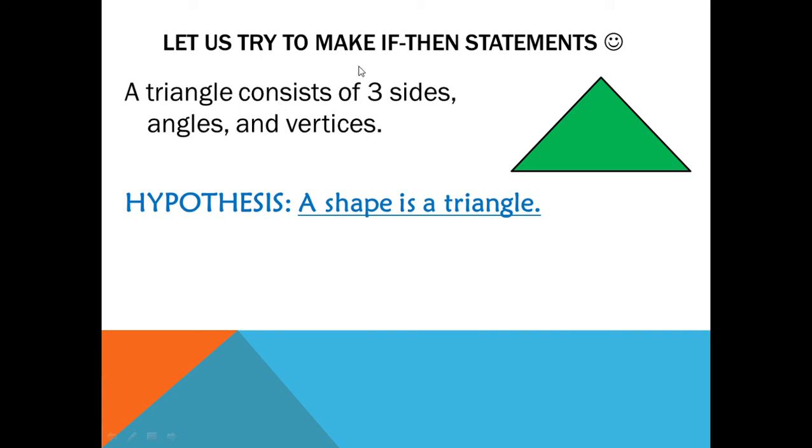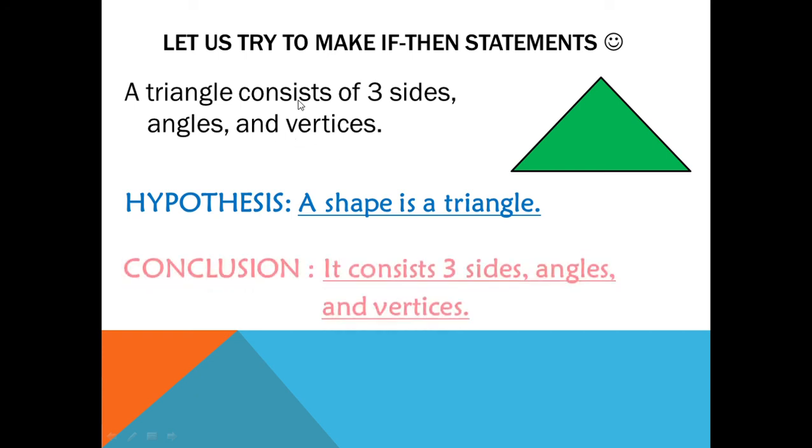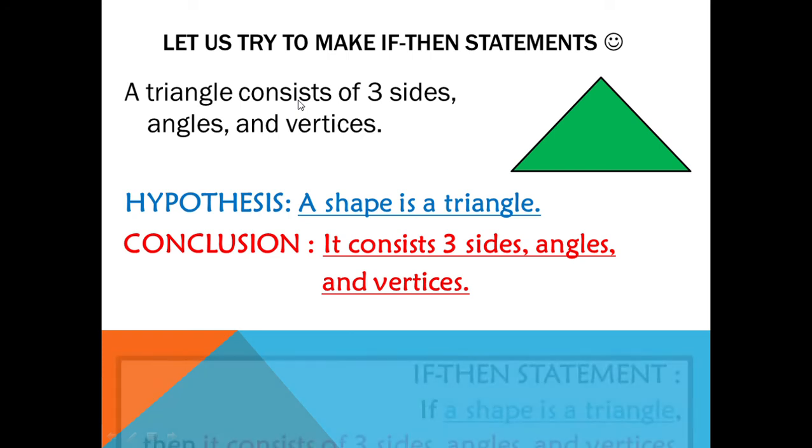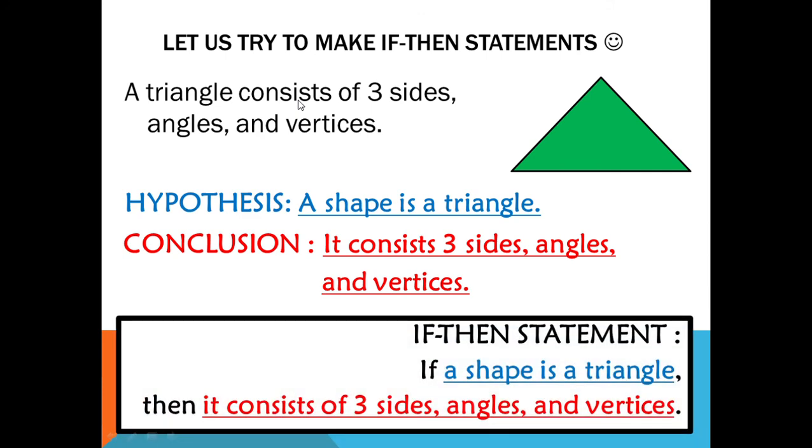After the verb is the conclusion, which is consists of three sides, angles, and vertices. So for the conclusion, we will have it consists of three sides, angles, and vertices. So to combine these two, we will write if a shape is a triangle, then it consists of three sides, angles, and vertices.